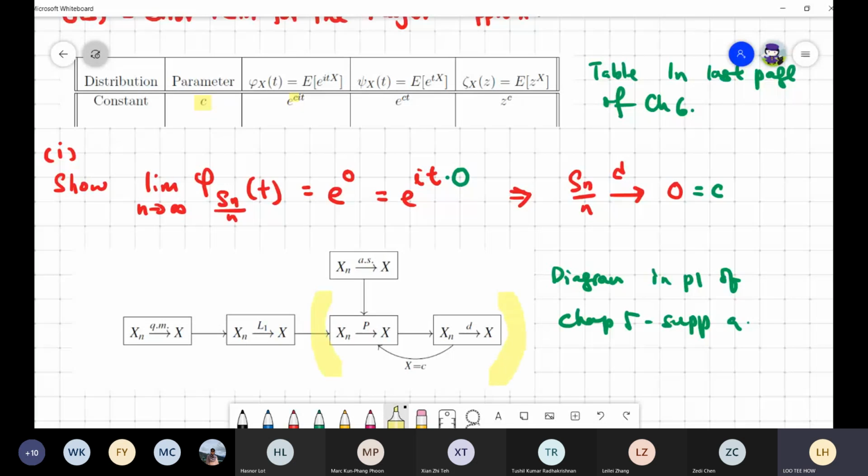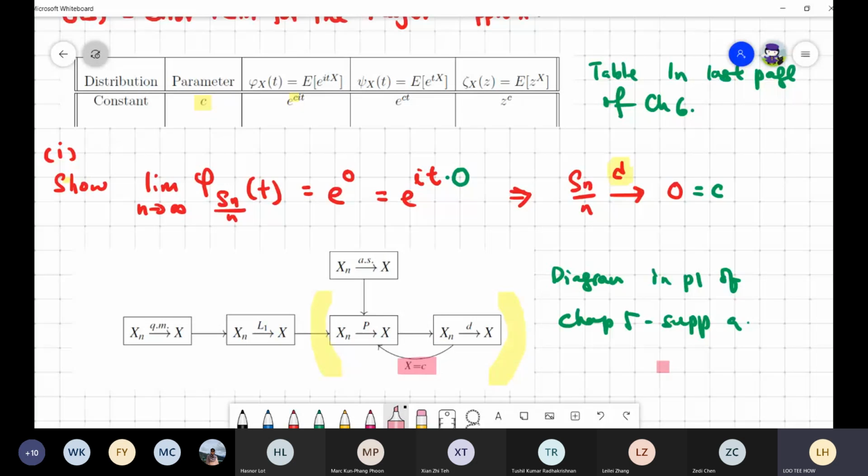If you look here, in the first step we can show that this one is equal to e to the power of 0, which is equal to e to the power of i t times 0. This simply means that Sn over n will converge to 0 in distributions. However, Xn converges to X in distributions, as a special case, when X is equal to c, a constant, then we can actually reverse the process.